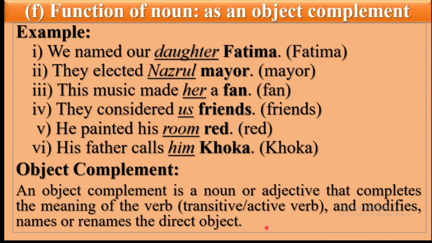For this reason, Khoka here has been used as an object complement because it has described the object. Here in each of the 6 sentences, the last word in bold fonts has modified the object just before it.